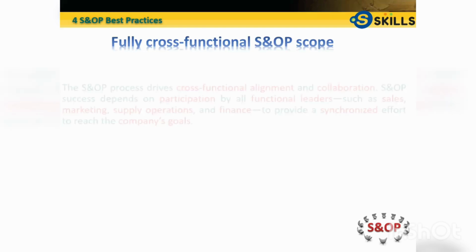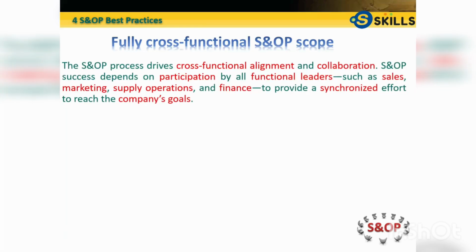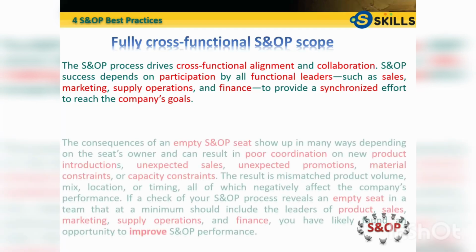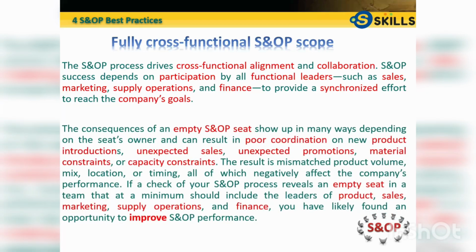Fully cross-functional S&OP scope. The S&OP process drives cross-functional alignment and collaboration. S&OP success depends on participation by all functional leaders such as sales, marketing, supply operations, and finance to provide a synchronized effort to reach the company's goals. The consequences of an empty S&OP seat show up in many ways depending on the seat's owner and can result in poor coordination on new product introductions, unexpected sales, unexpected promotions, material constraints, or capacity constraints.